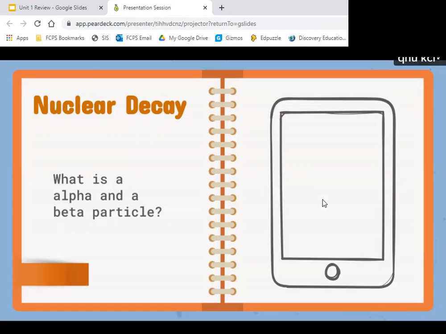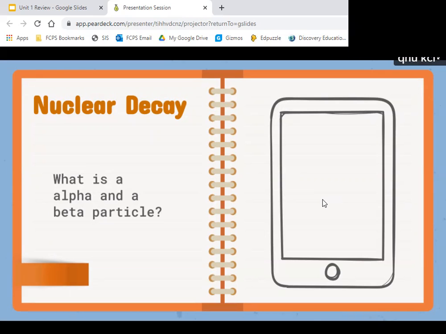Well, that's actually what came out. Yes, go ahead. He, which is? Helium. Yes, helium. Perfect. So alpha particle is helium. And what is beta particle then? Does anyone know? An electron, basically.